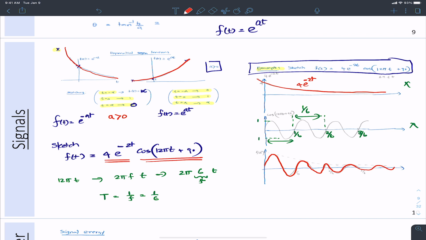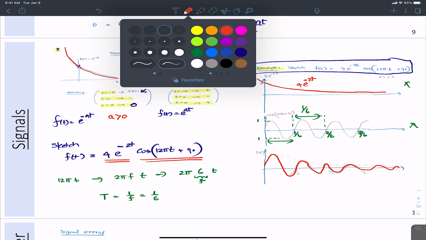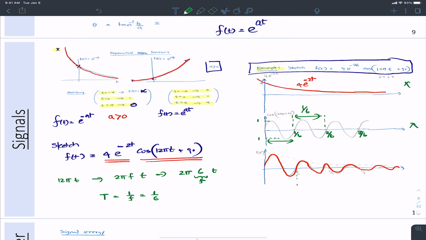The important thing is the periodic time won't change. If we look at one period, second period, third period, I know what I'm drawing is not very up to scale, but always this is going to be 1 over 6.